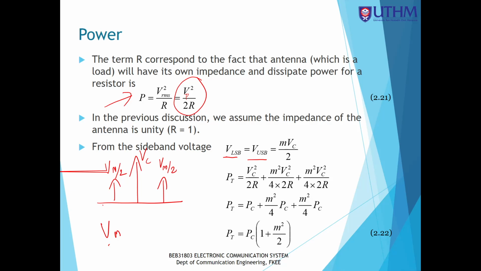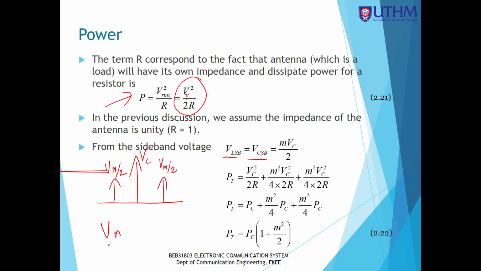Finally, we get the equation for total power: PC in bracket 1 plus M squared over 2. Ini kalau persamaan ini disusun semula, kita akan dapat PC kurungan 1 tambah M squared dibahagikan dengan 2. Remember, this equation is based on this.